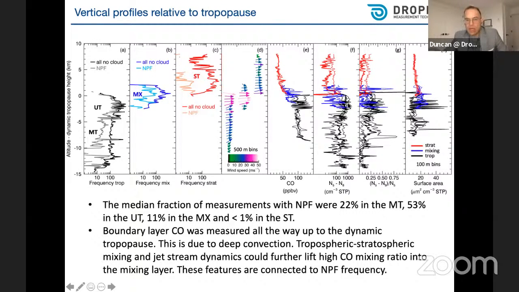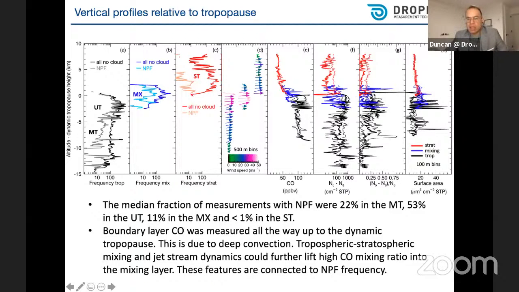We also see that the number concentration of small particles and the fraction of small particles compared to the total number of particles has an interesting trend. For example, we see that in the upper troposphere and the mixing layer, there are regions where the number of small particles compared to the total number of particles is significant.